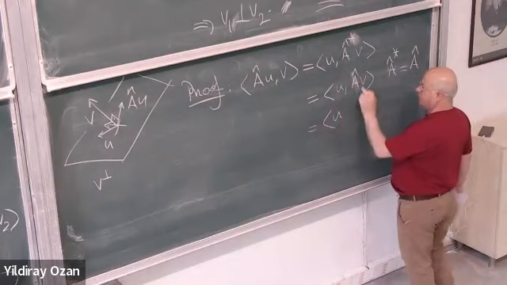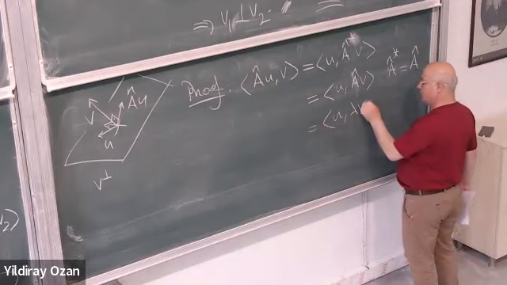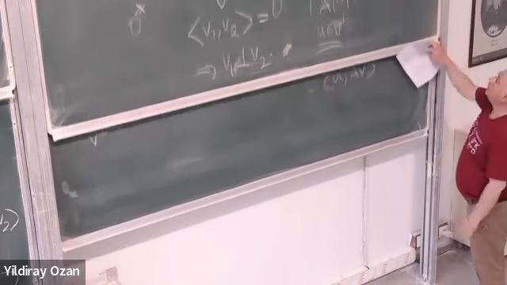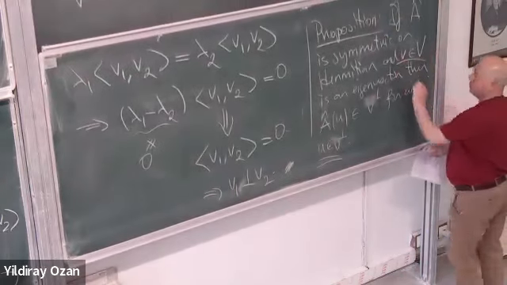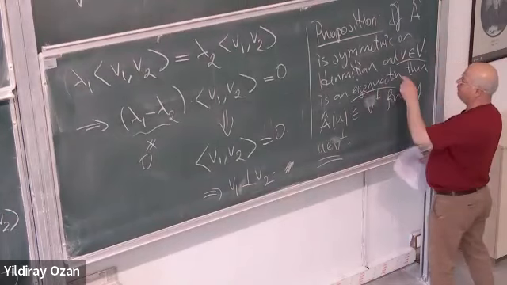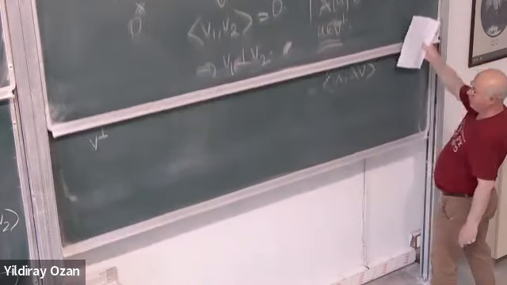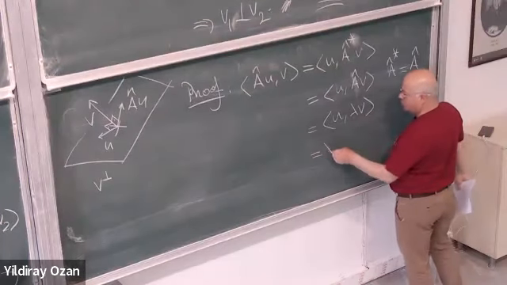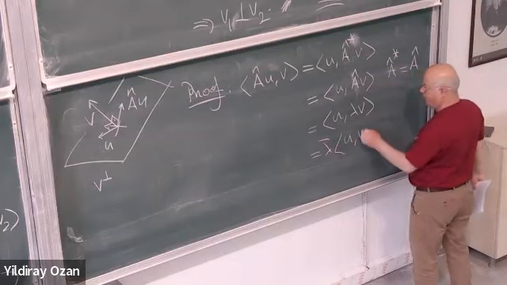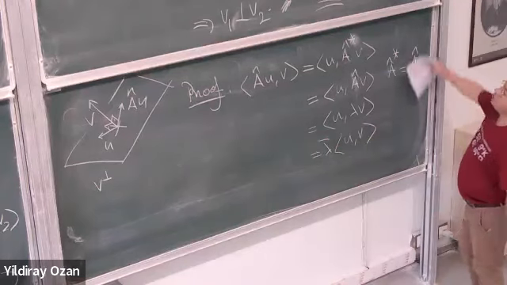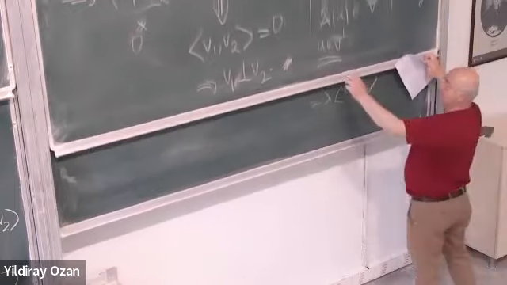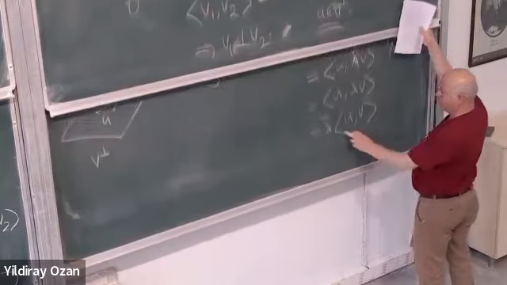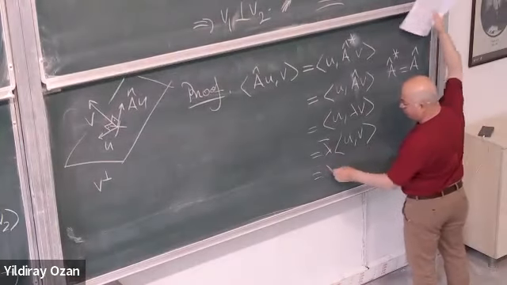But V is an eigenvector, therefore A hat of V is just lambda times V, so this is just lambda bar times the inner product of U and V. But by assumption, U is perpendicular to V, namely, this inner product is 0.